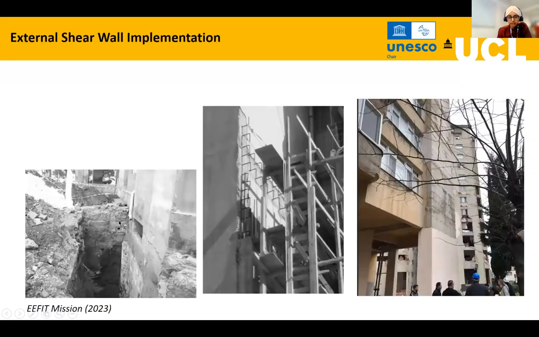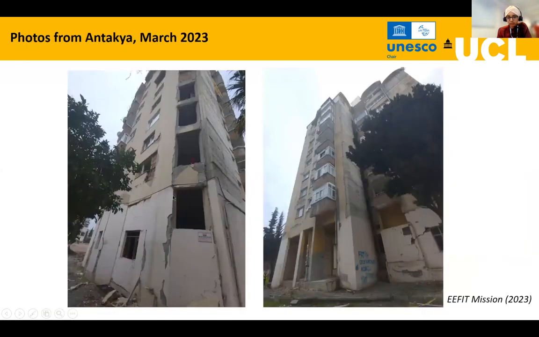This was then implemented, and here are some photos during the construction stage, and this was after the earthquake. As you can see, the building is very much standing, and people were able to evacuate safely from the building.